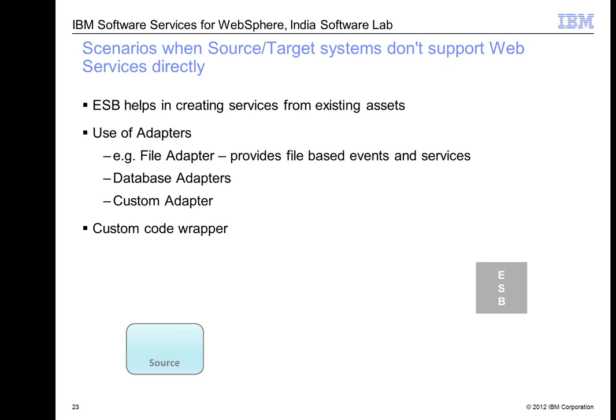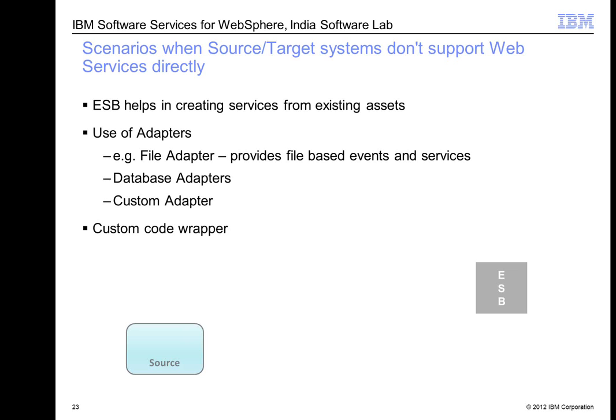You must be wondering, what happens if there are some systems that don't support web services? I mean, if you have a system which is a very old application or a legacy application or a mainframe application or some custom-built application which is not based on this service-oriented mechanism, or it doesn't provide the capabilities of web services.